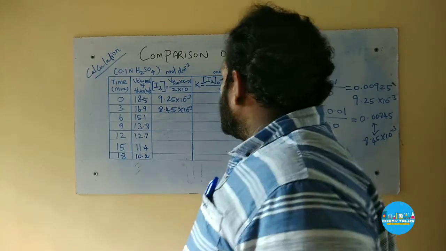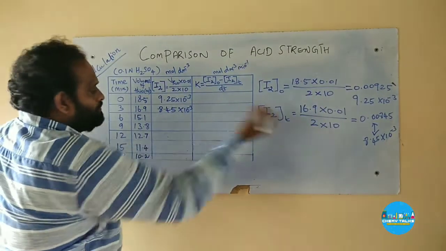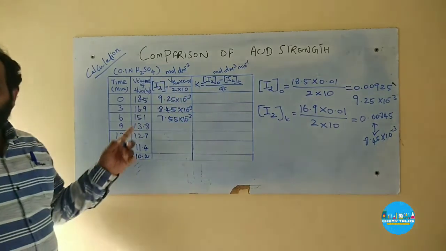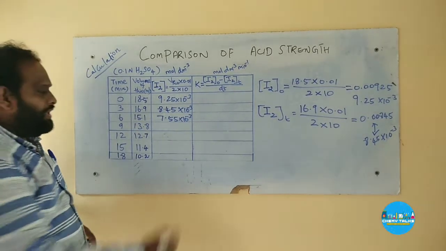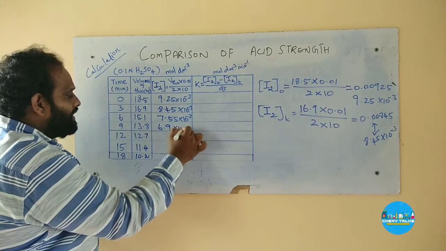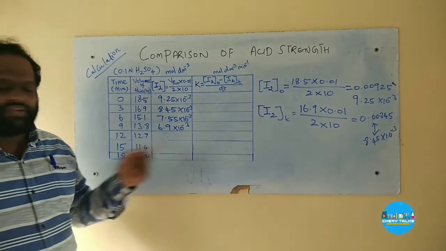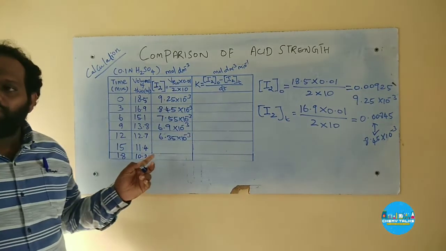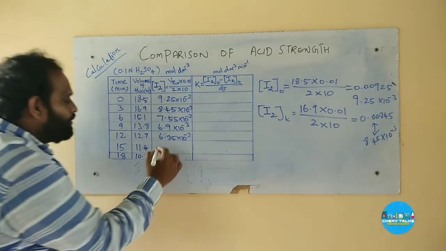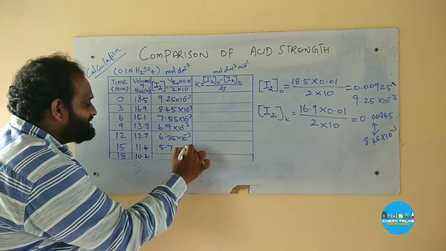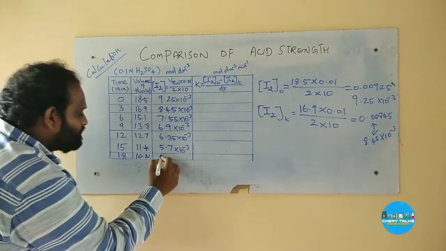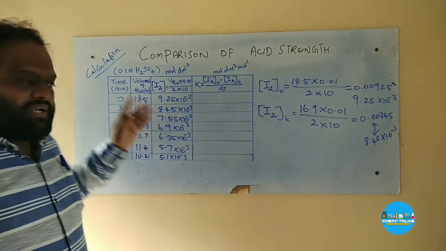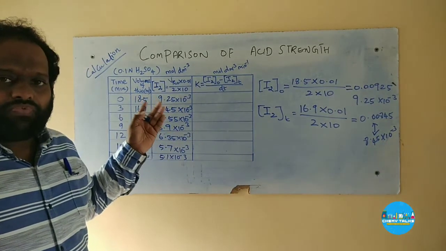For 15.1 we get 7.55 into 10 power minus 3. For 13.8 we get 6.9 into 10 power minus 3, and for 12.7 we get 6.35 into 10 power minus 3. For 11.4 and 10.2 we get 5.7 into 10 power minus 3 and 5.1 into 10 power minus 3. These are the values of the concentration of iodine at various time intervals.